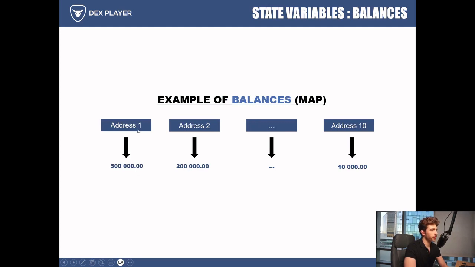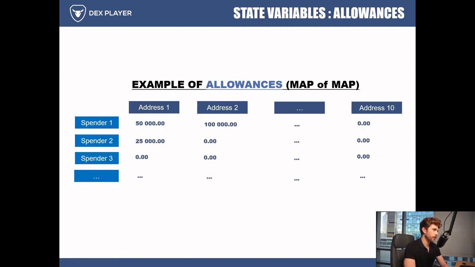So what's a dictionary? A dictionary is a collection of keys and values. These addresses represent a dictionary, and address 1 is the first key, and the value is $500,000. The second key is address 2. The value is $200,000, all the way up to address 10, which is the 10th key with the value of $10,000. Now for the allowances, this is a dictionary of dictionaries.